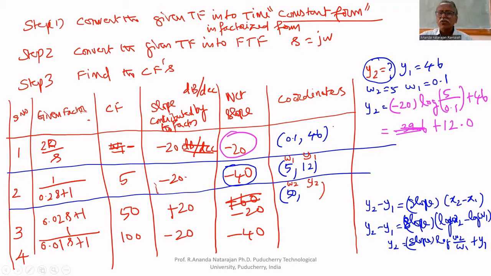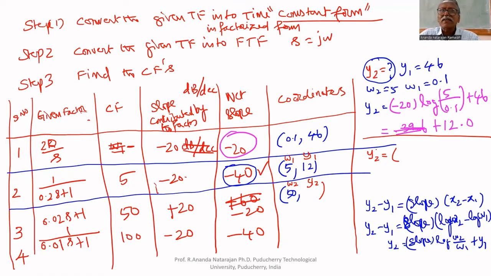Find y2. Let us call this y2, the latest value is y2. You should remember like that. What is the slope? The previous slope. To calculate this, we have to use this slope. The previous slope always you have to use because up to 50 only we are finding. After 50 only, this factor will contribute.